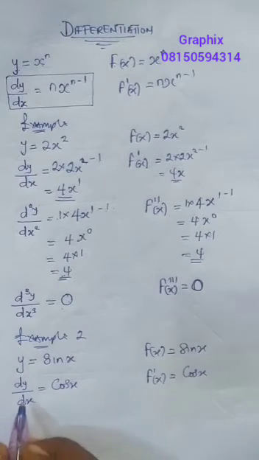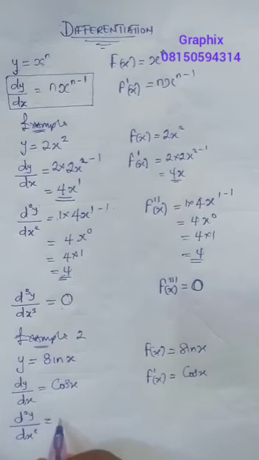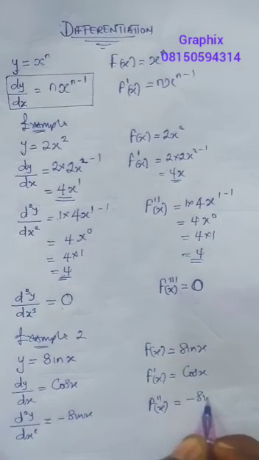Now also, if I differentiate this again, if I have d squared y over dx squared, means I'm doing this again. So if I differentiate cos x, I'll be having minus sine x, right? So if I have f double prime of x to give me minus sine x.